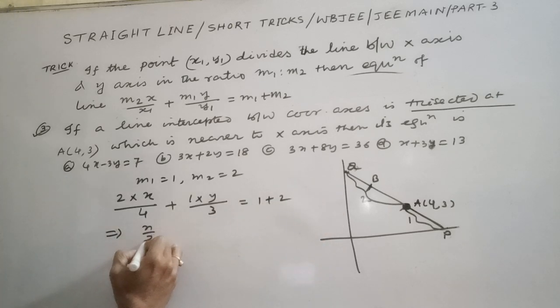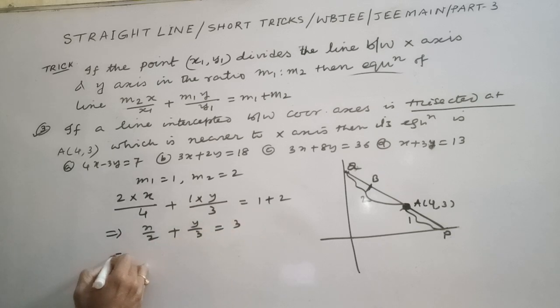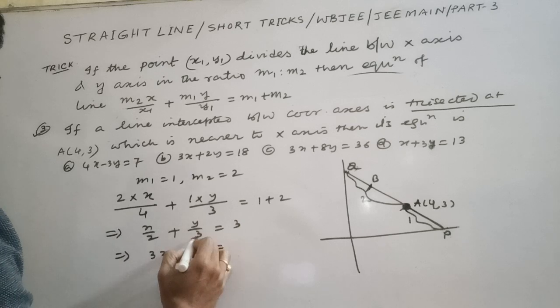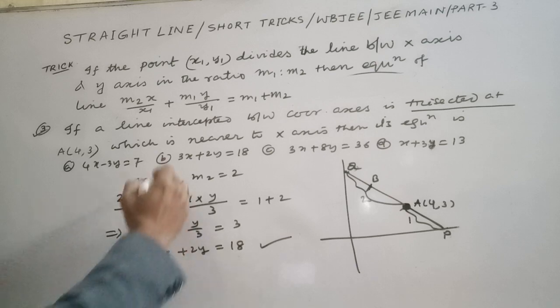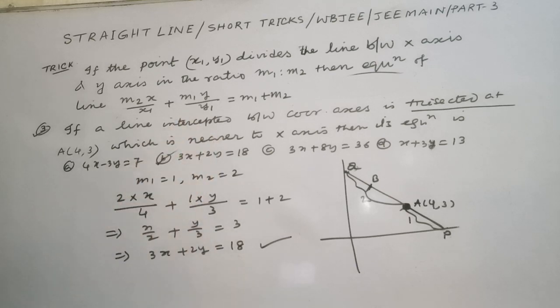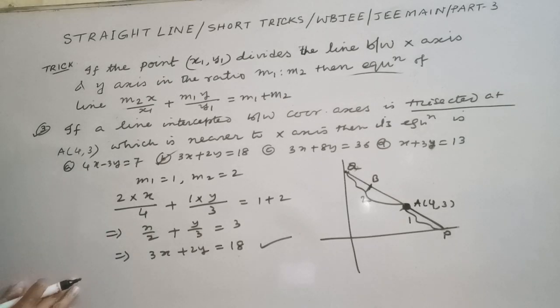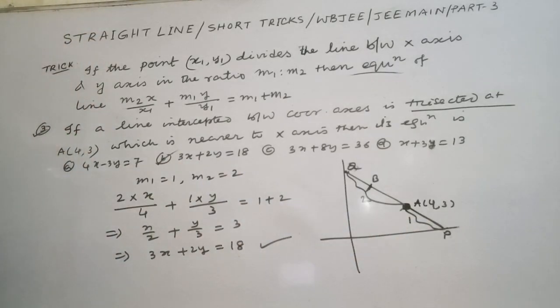So x by 2 plus y by 3 equals 3. So 3x plus 2y equals 6 into 3, 18. So this is option number B. So very simple. You look at what is m and what is n, then put the values.